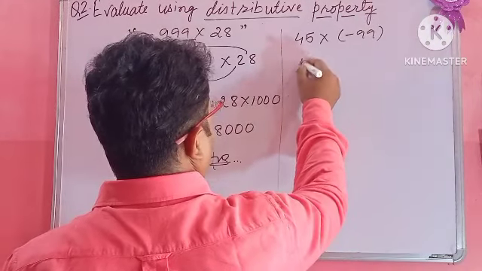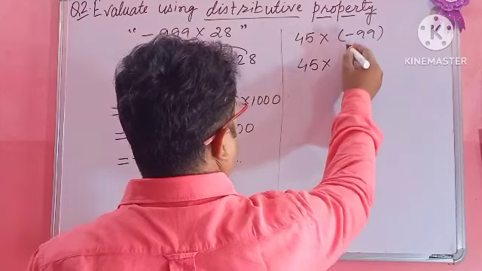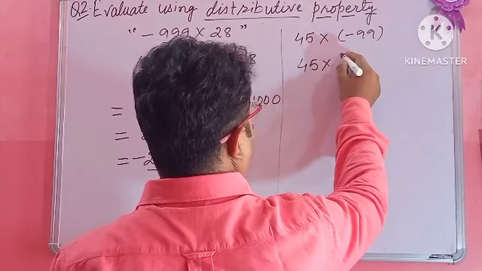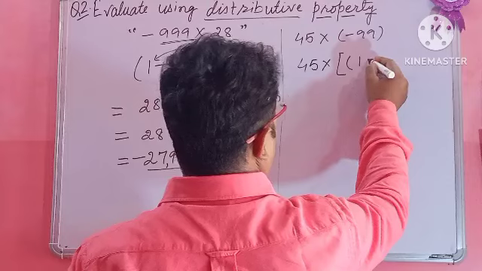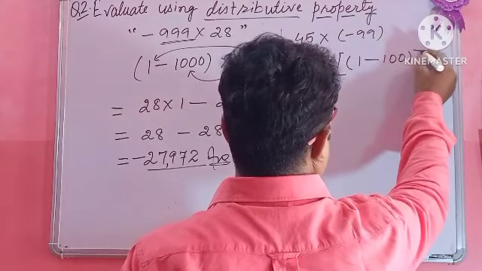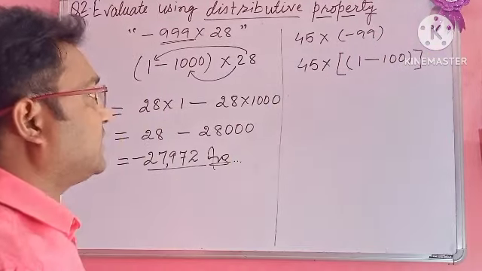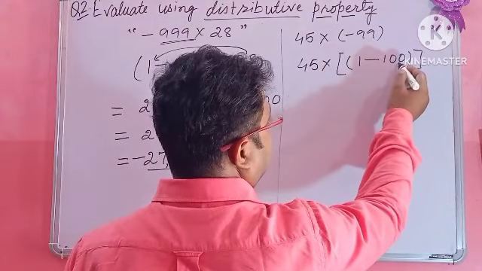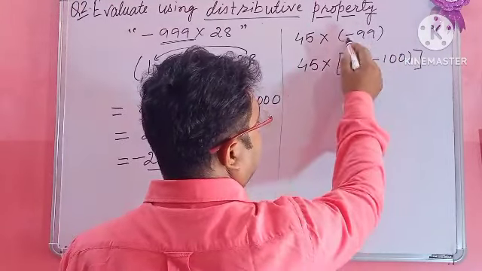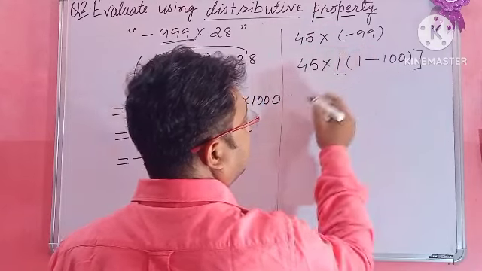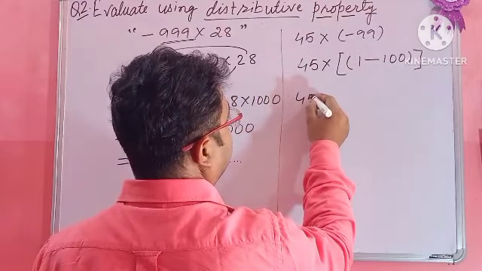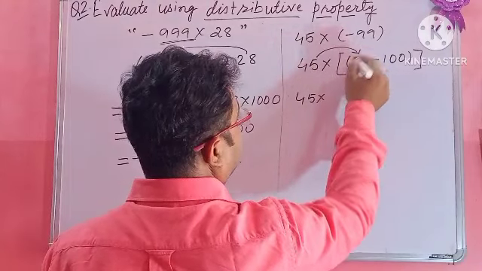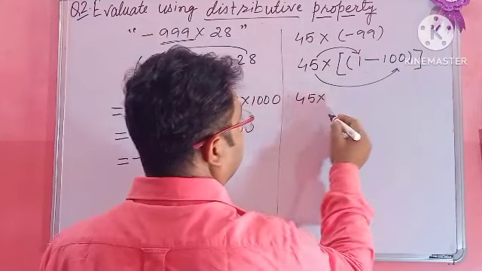See here, 45 multiply minus 99, we can write it like this: 1 minus 100. Okay, 1 minus 100 we can write. This will give you 99, and here the minus sign is there, so we will put the minus sign with this 100. Now 45 will multiply with this 1, as well as 45 will multiply with this 100.